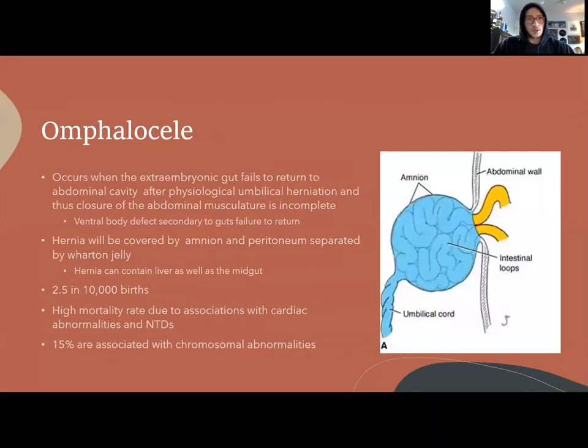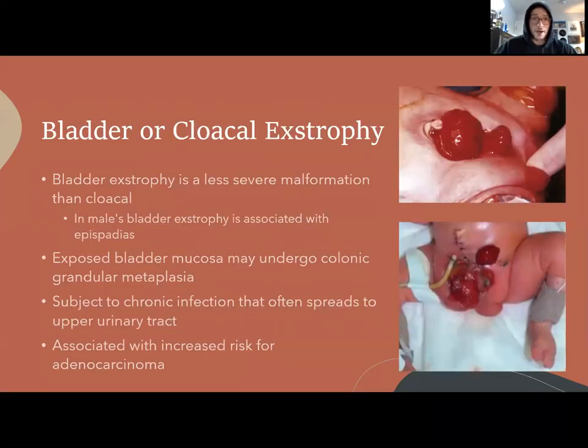So next we're going to talk about bladder or cloacal exstrophy. So this is what happens when you have the failure of the fusion of your lateral folds in the pelvic region or lower abdominal region. And what's going to end up happening is the urogenital tract, to some degree, is going to be exposed to the outside.